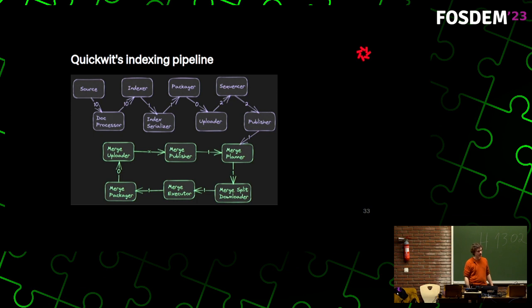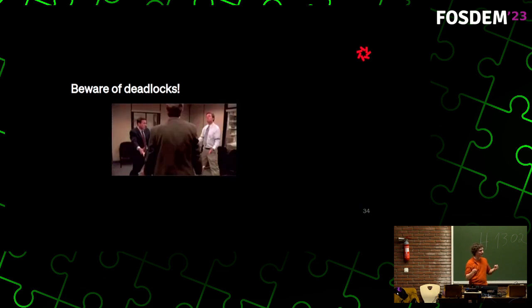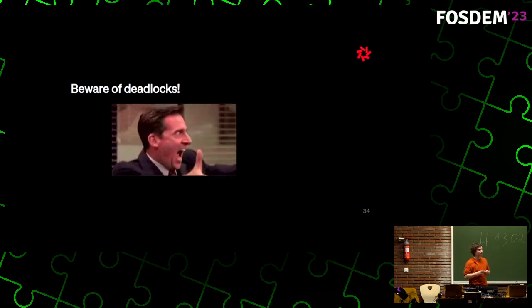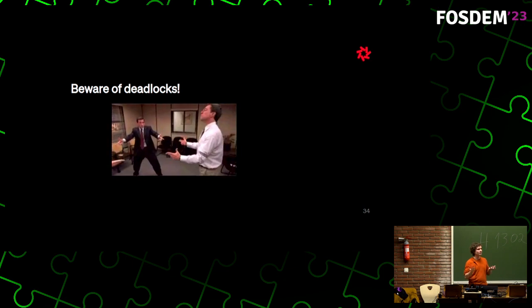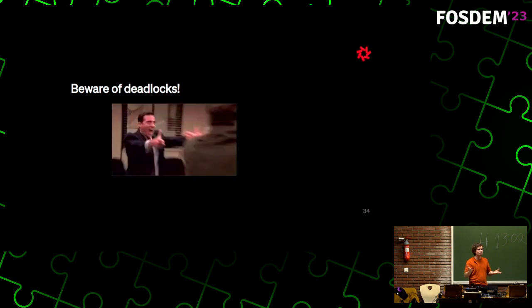One thing that I need to talk to you about is one problem with actors: if you have cycles in your actor network, you might experience deadlock. And it's a pretty terrible thing, that kind of deadlock, because it can happen at any time in production.